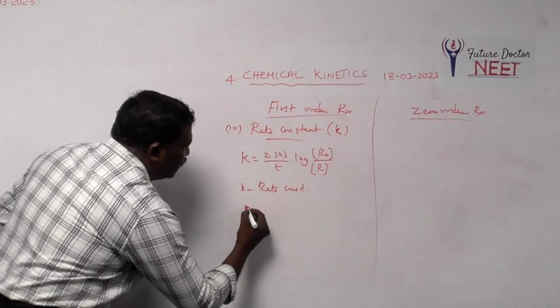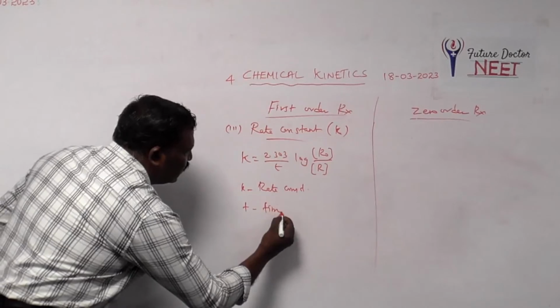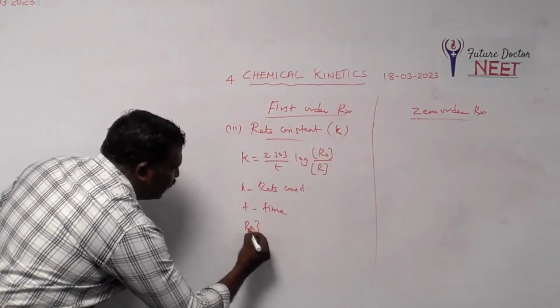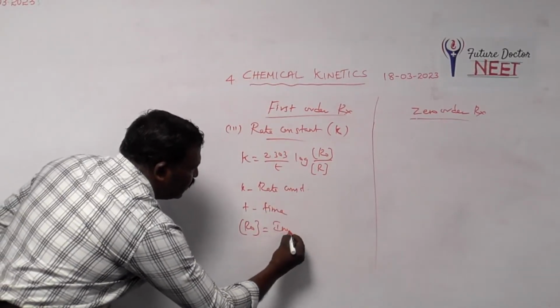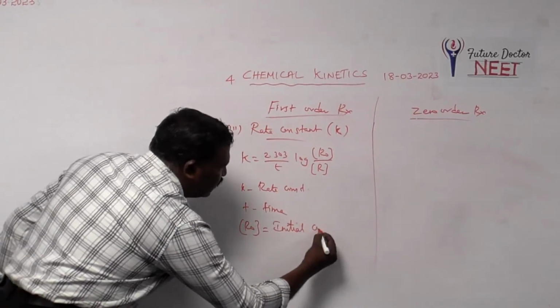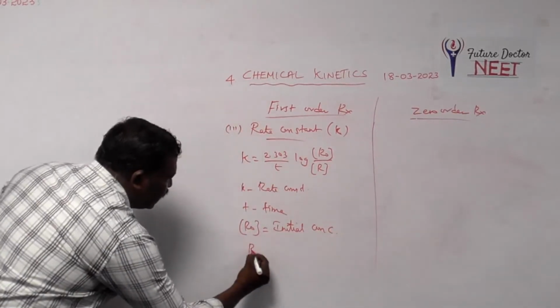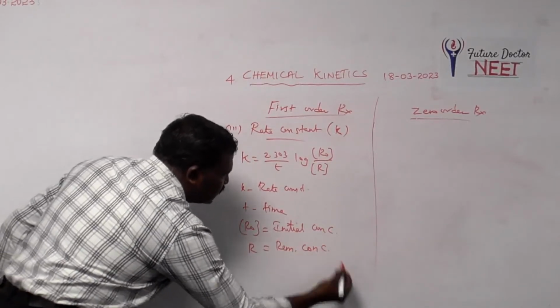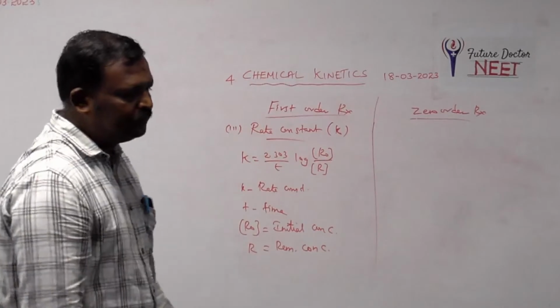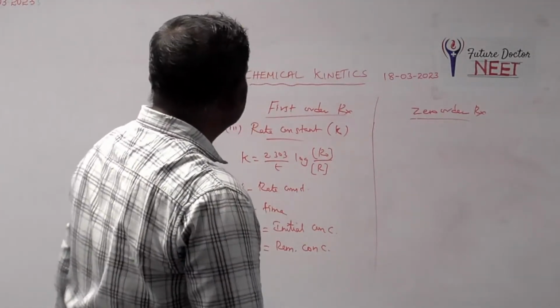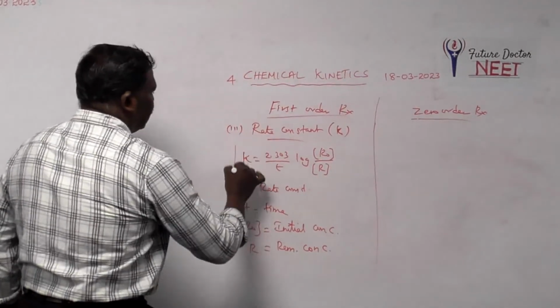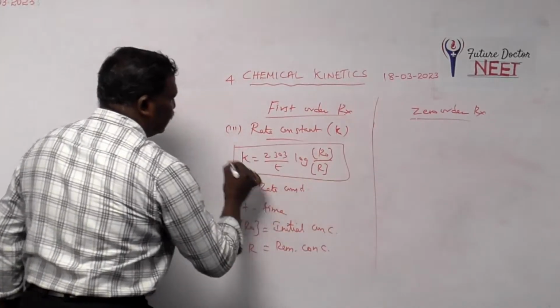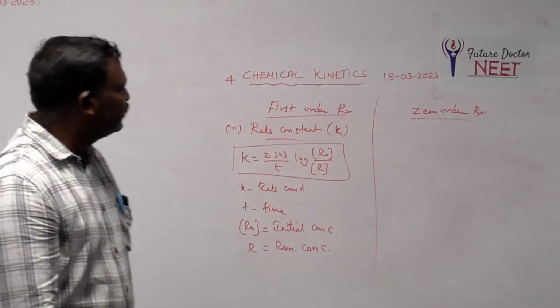This is very important: remaining concentration. Just write one by one. The formula is enough to do any sums.